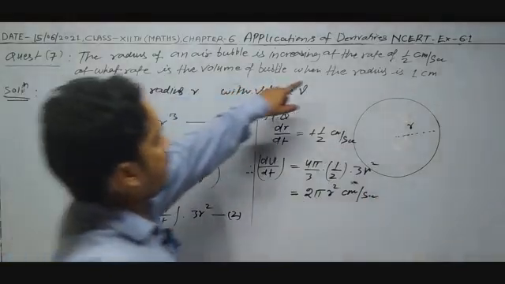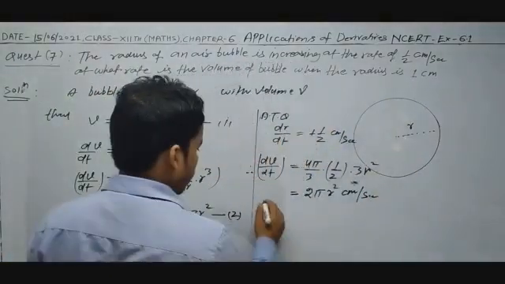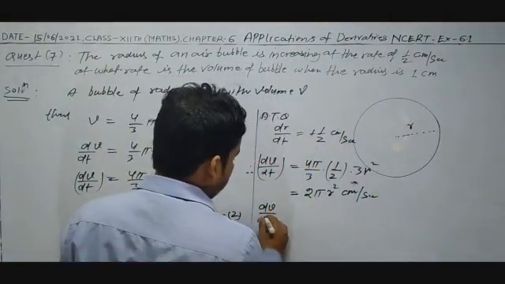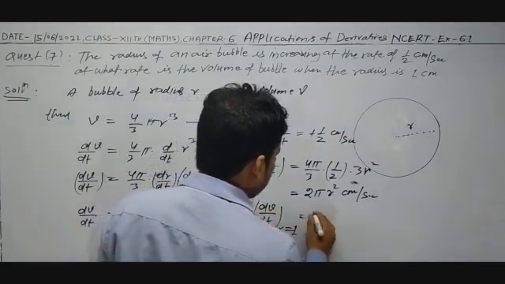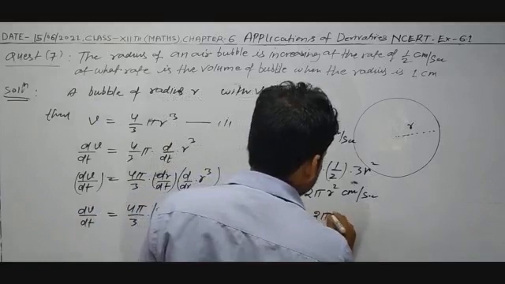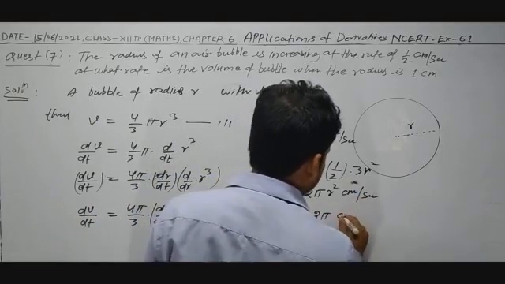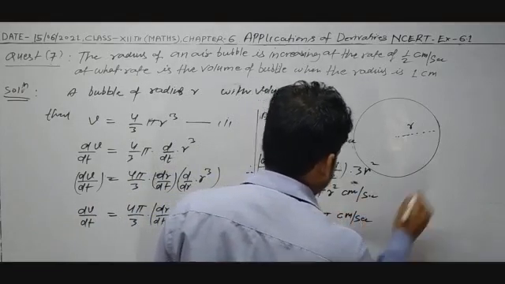So it is given r is equal to 1 centimeter, means dV by dt at r equal to 1, you will get the result 2 pi 1 square, means 2 pi centimeter per second.